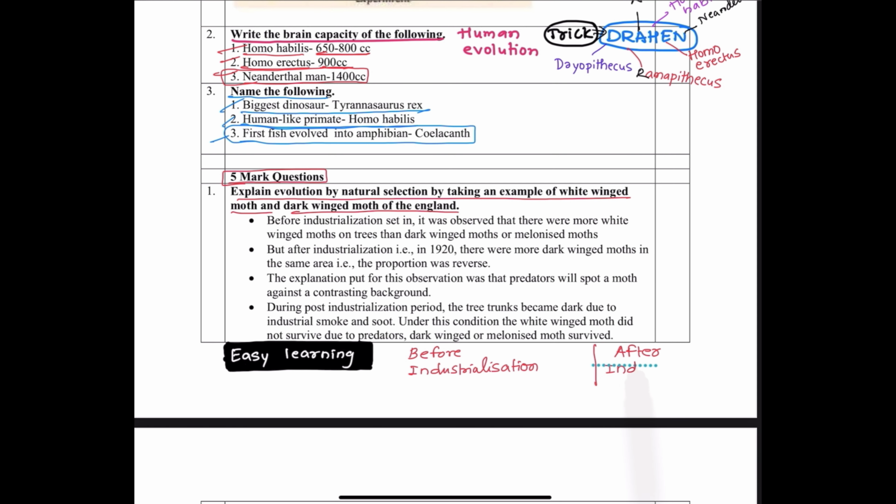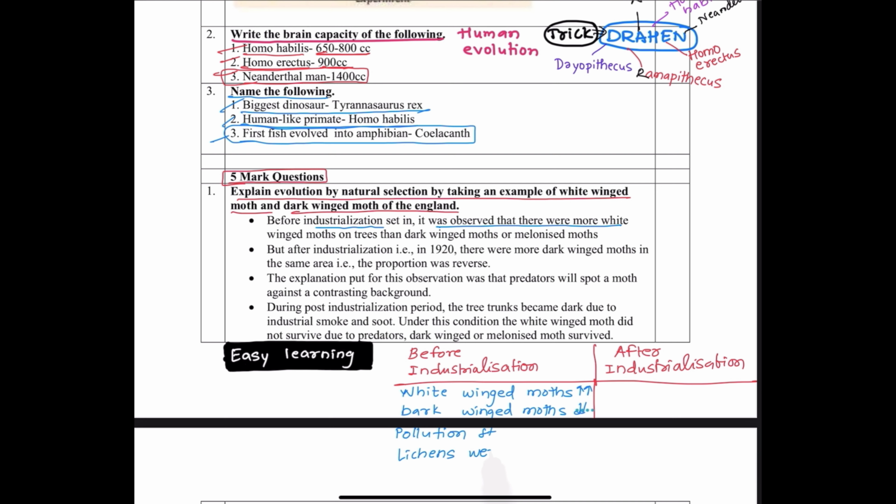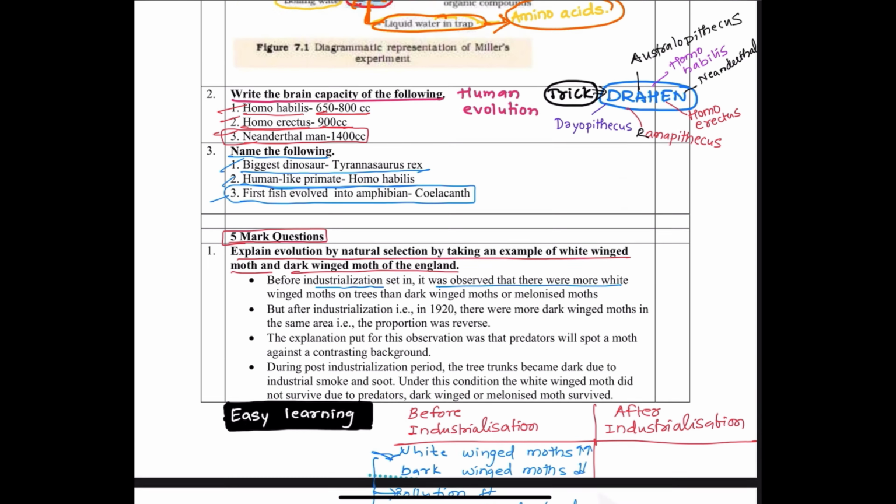In order to understand, you should know these scenarios before industrialization and after industrialization. Before industrialization, the number of white-winged moths was more. The number of dark-winged moths was less. The pollution was less, and also the lichen which develops on the plants was more, because the pollution was less.